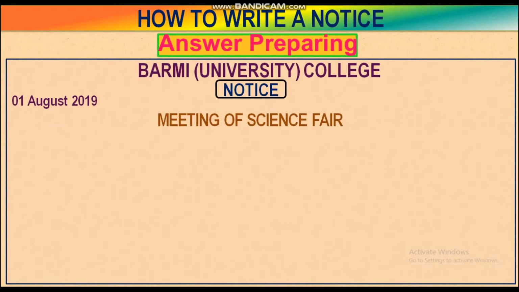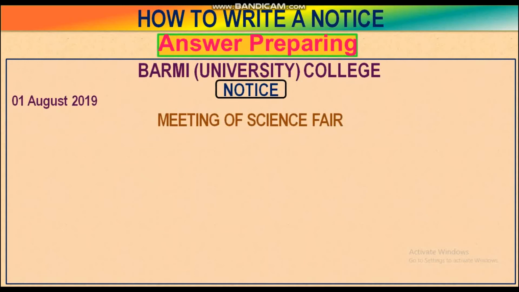In the 6th step, you are told to write the body of the notice in another box. Remember, dear students, in the body of the notice, there must be the answers to the questions of 5 WHs, such as what.